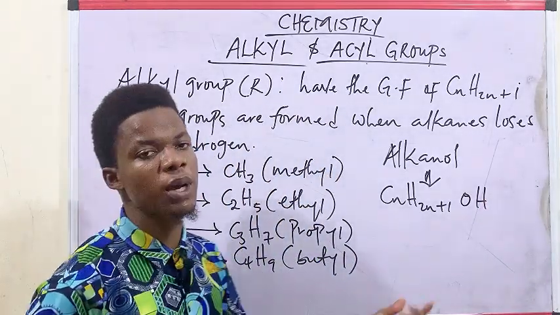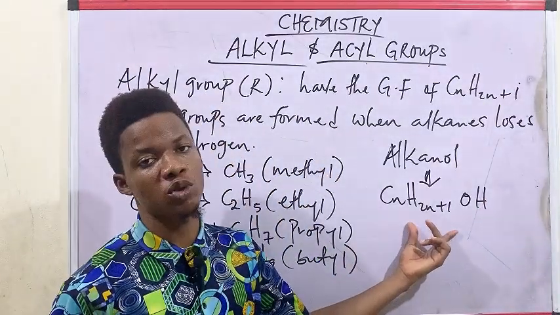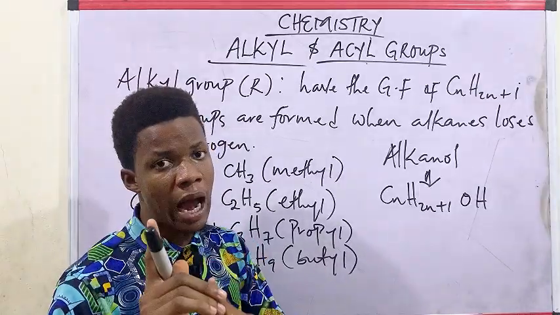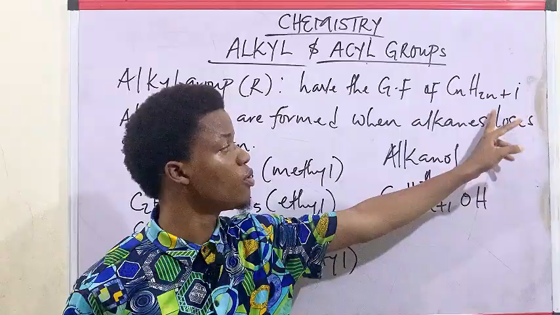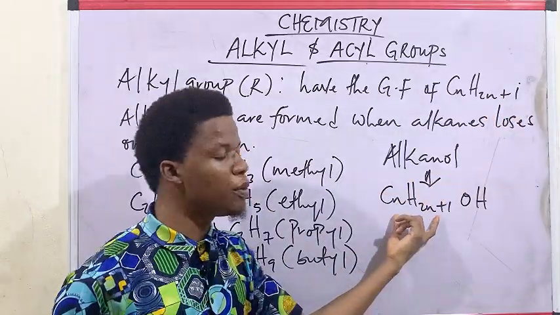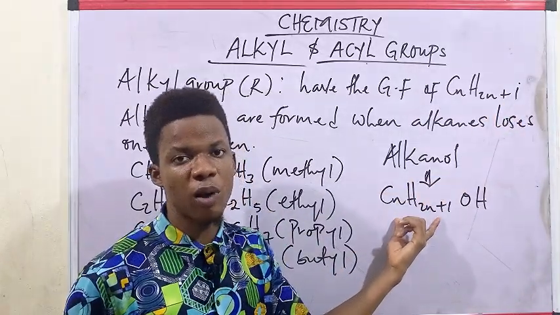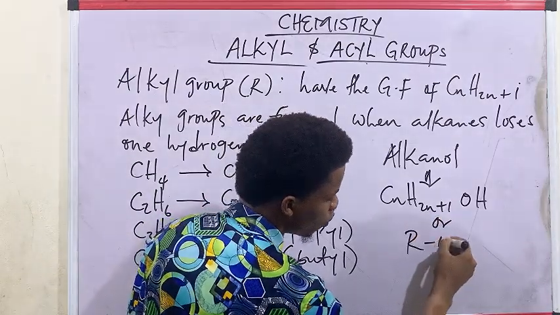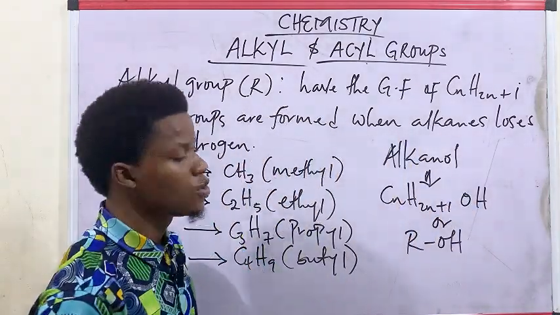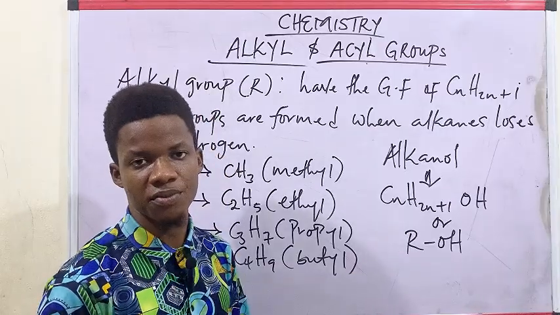Now we can simply replace this CnH2n+1. Remember I told you that alkyl groups are CnH2n+1. So we can easily replace this CnH2n+1 with R, and then we have ROH. So this is still the same as this.